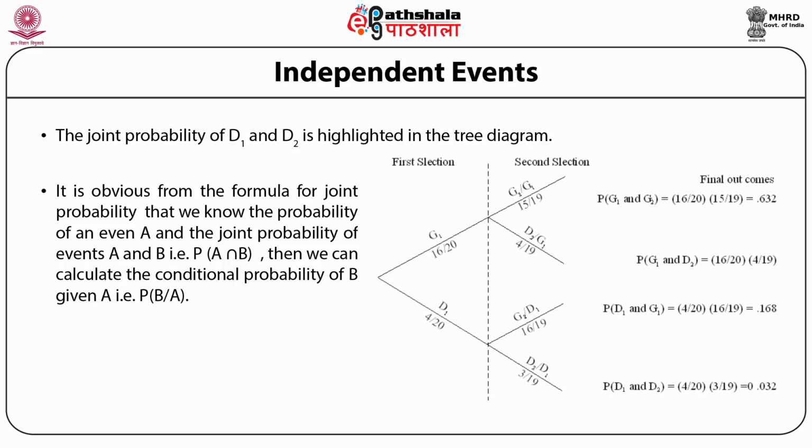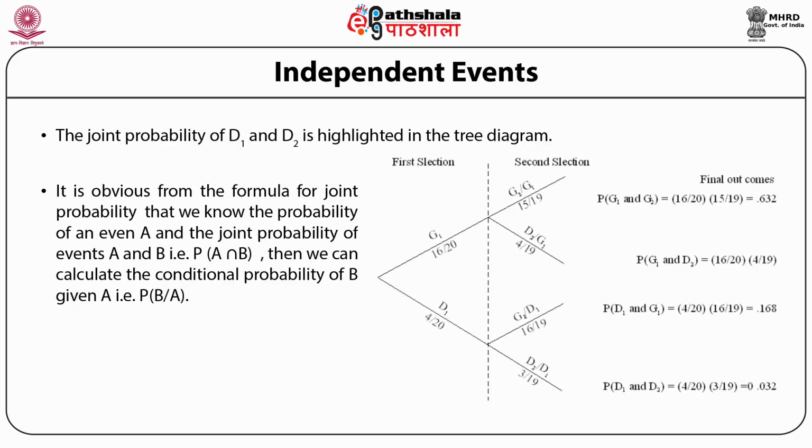These will be calculated as probability of G1 and G2, then probability of G1 and D2. G1 and G2 will be probability of G1 multiplied by probability of G2 when G1 has already occurred. Similarly, probability of G1 and D2 can be explained as probability of G1 multiplied by probability of D2 when G1 has already occurred.